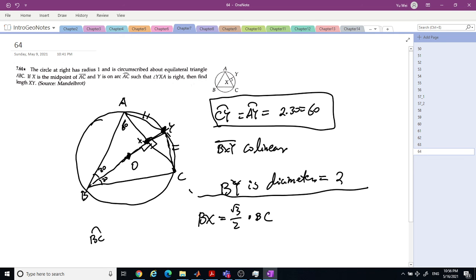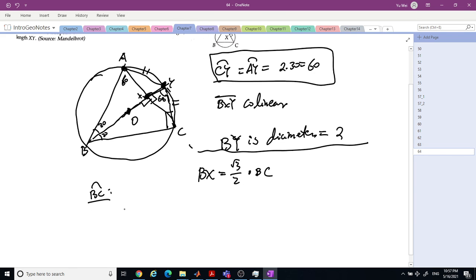So the arc BC has an inscribed angle of 60 degrees, and also this is 60 degrees, and BY is the diameter, so this is 90 degrees. So now we can see the triangle BYC is a 30, 60, 90 triangle, and this one is 2, so BC is 2 times root 3 over 2, which is root 3, right?